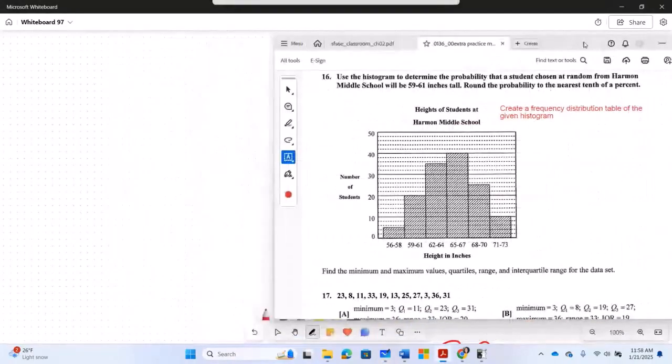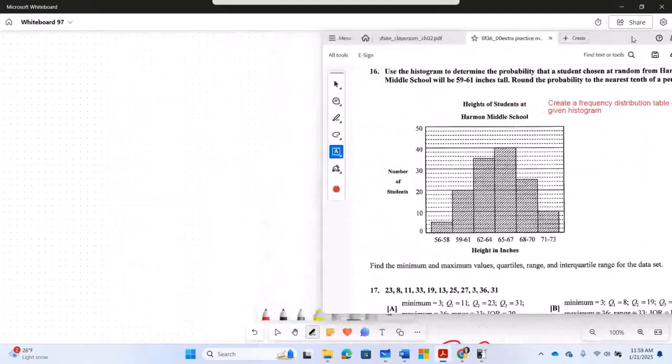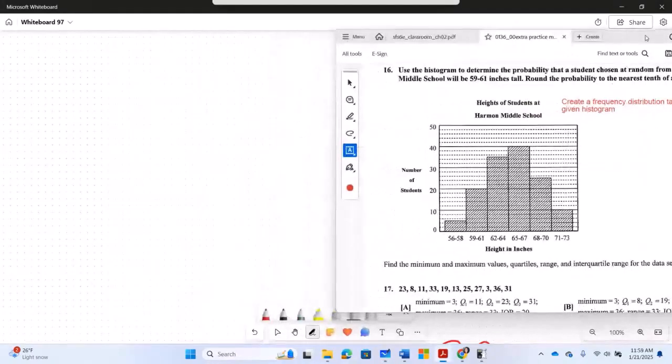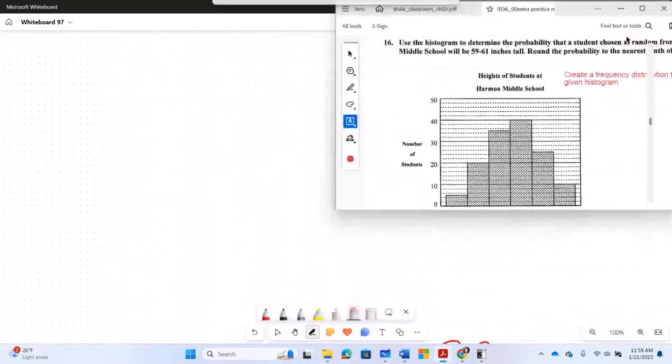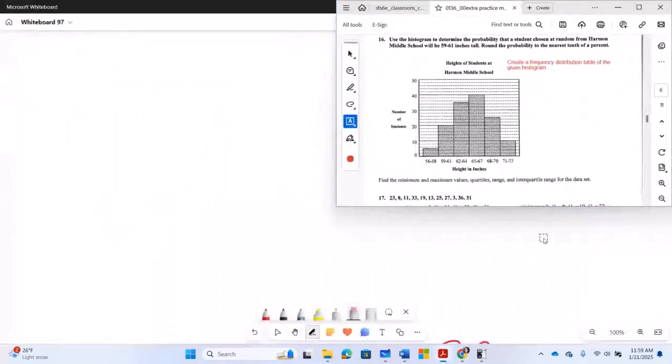You will be given a question like this, and you will be expected to construct a frequency distribution of a histogram where you don't even know the original data. It's okay. You can do that. So let's do that.